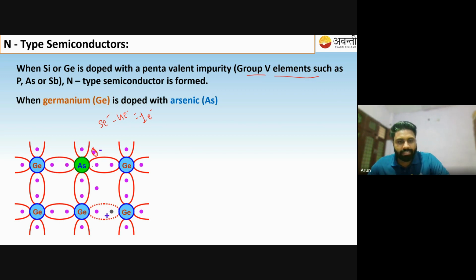Now, on providing heat energy to it, electrons will come out from germanium. So you can see for two holes, number 1 and number 2, there are 1, 2, 3 electrons. So for every two holes, there will be 3 or more electrons.